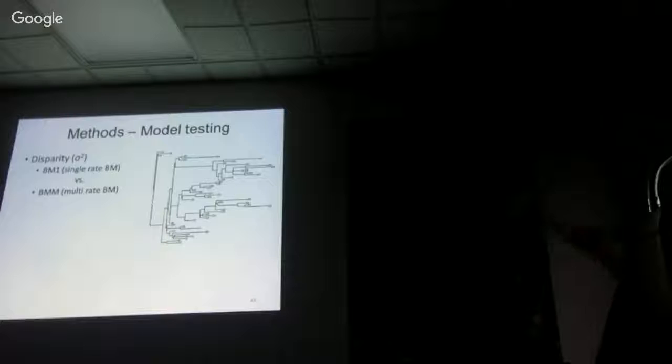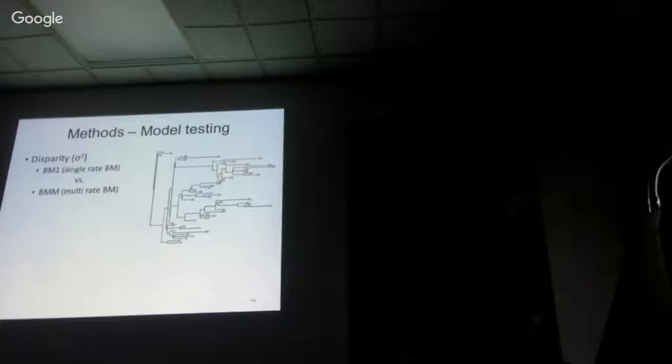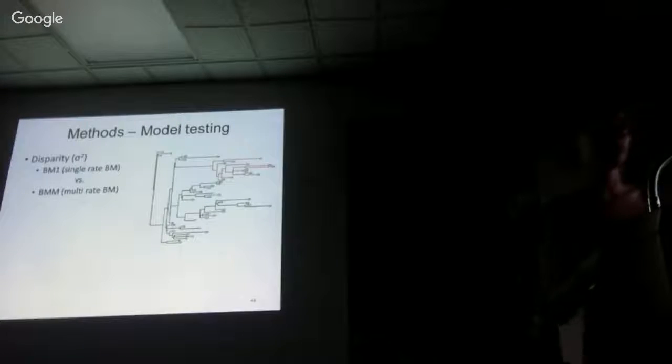The BM1 model is a single rate Brownian motion model, assuming that the whole tree evolves with the same sigma squared value. So the disparity of this whole tree is on the same level. The BMM model is a multi-rate Brownian motion model, which assumes that different clades have different levels of disparity and can be best modeled with a different sigma squared value.